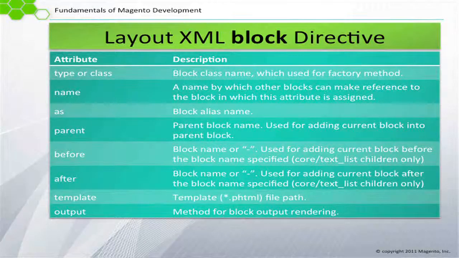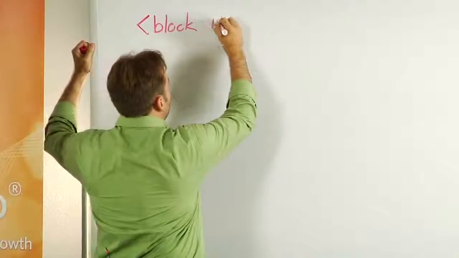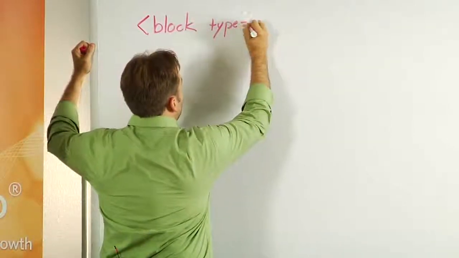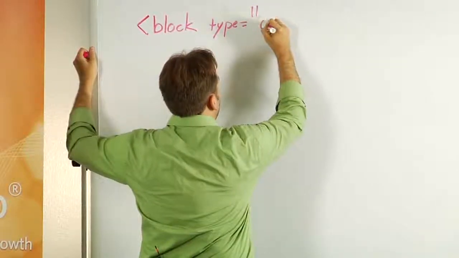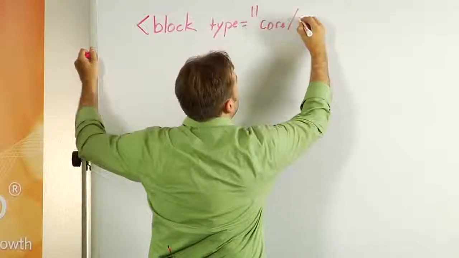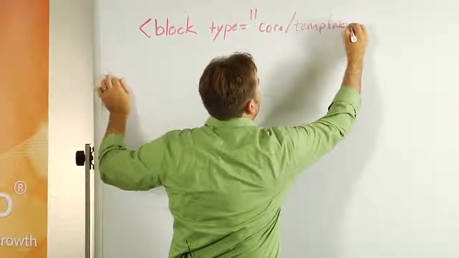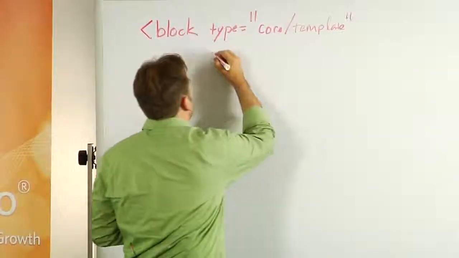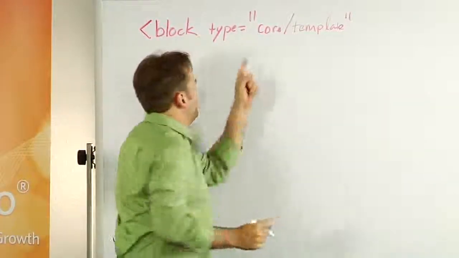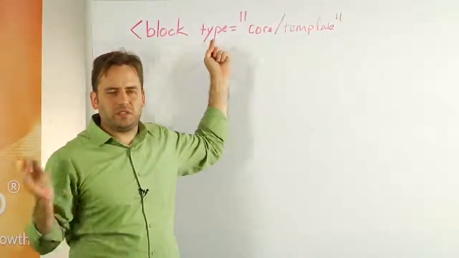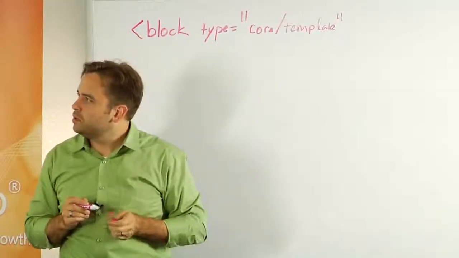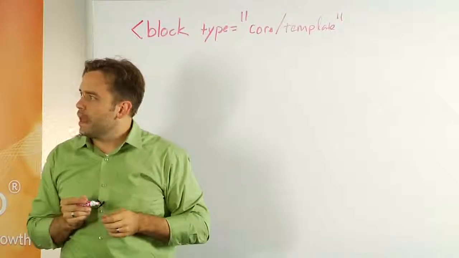We saw block type equals core template, for example. You can specify class instead of type, but don't. That's just old. Name.